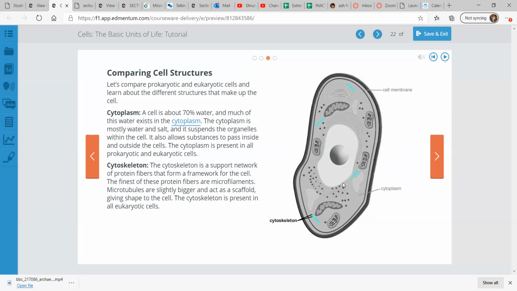Micro meaning small, small filaments. Microtubules are slightly bigger and act as a scaffold. Scaffolding as in it gives it structure, giving shape to the cell. The cytoskeleton is present in all eukaryotic cells. Eukaryotic, but not the prokaryotic cells.